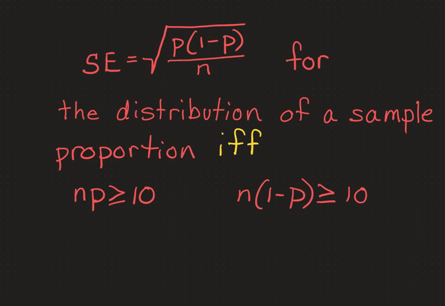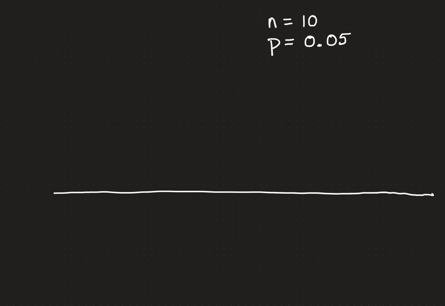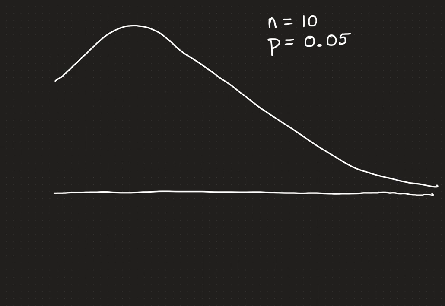Well, why not? If you have a sample of 10 and you're taking samples of 10 repeatedly, when the population proportion of whatever you're measuring is only 5% or 0.05, the distribution of your sample proportion will look like this, which isn't really normal, right?